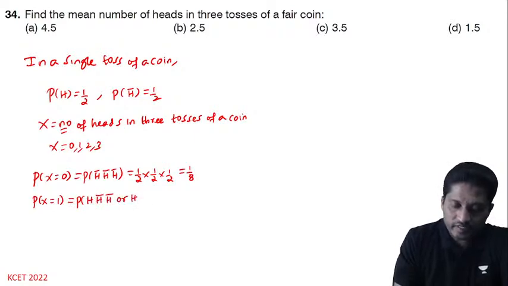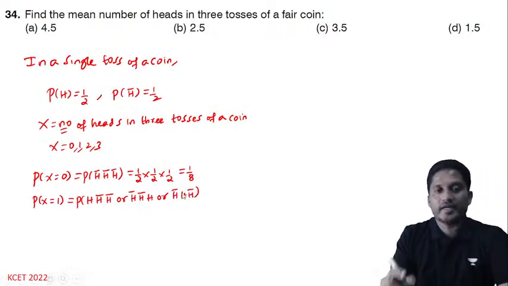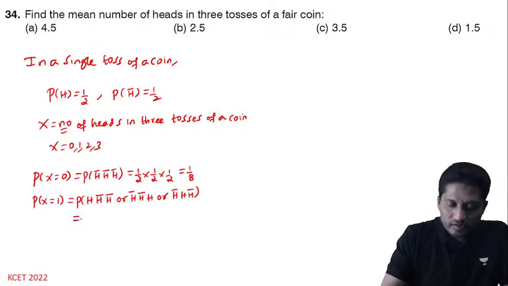Or it will be equal to H bar, H and H bar. Or H bar, H bar and H. So all this is 1 by 8 plus 1 by 8 plus 1 by 8, which is equal to 3 by 8.